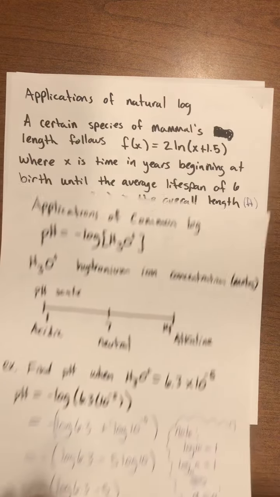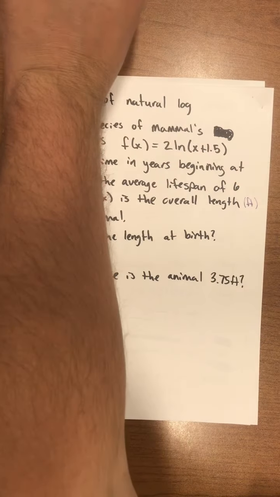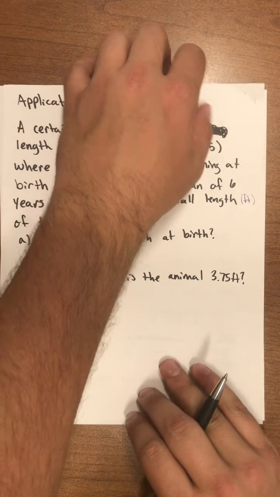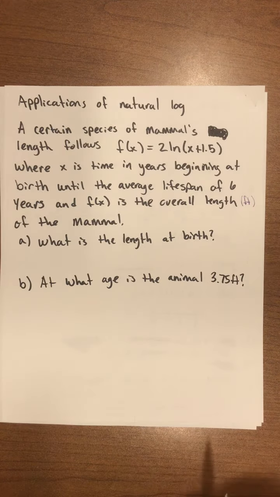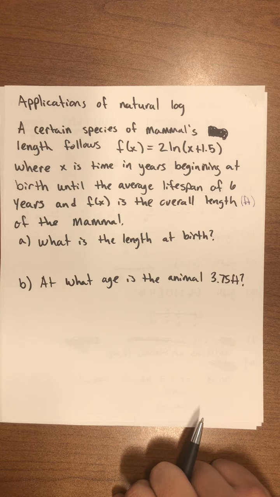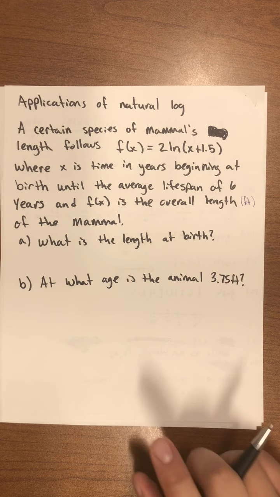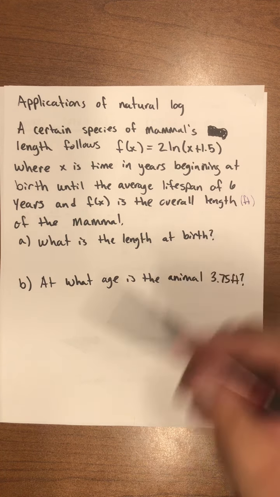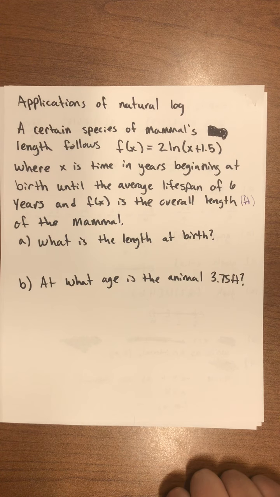Okay, if you have ever heard of, maybe a child, and they say when they're growing they're in the 90th percentile or something like that, that is actually a logarithmic curve. So I just took a function with the logarithm, and we're going to examine a certain species, the length as it ages.